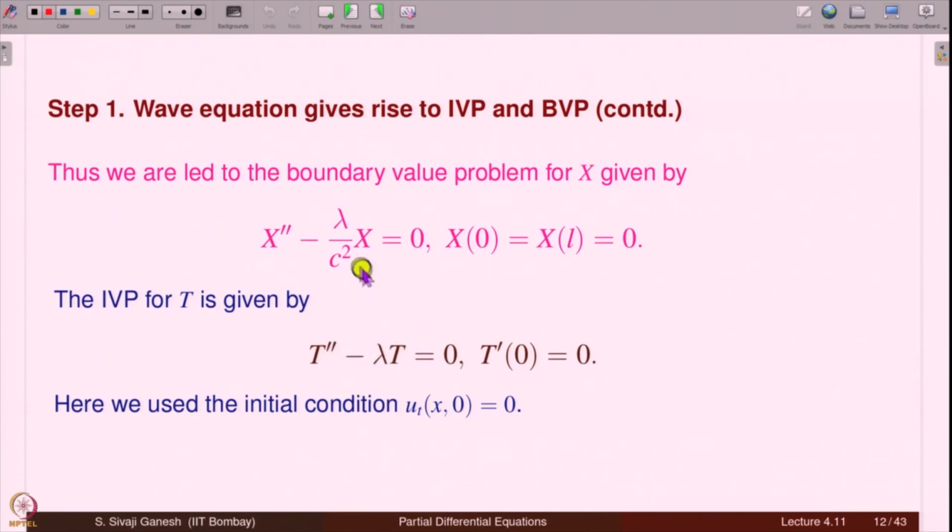Solve them, and that features two constants, being a second order ODE, it will have two arbitrary constants, and then we consider the product solutions, and in step 3 we propose a formal solution as superposition of these solutions, and then determine the constants coming from this ODE using the two initial conditions that we have, namely u of x 0 equal to phi x, u t of x 0 equal to psi x. Since we are assuming psi x equal to 0 in this lecture, we get this condition T prime 0 equal to 0 by using this condition.